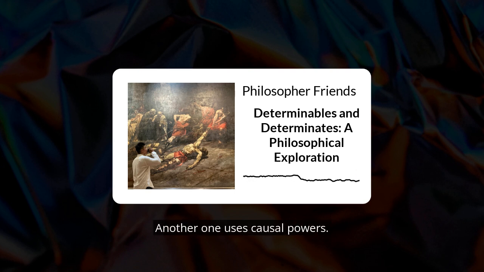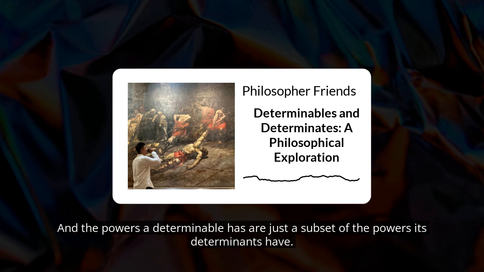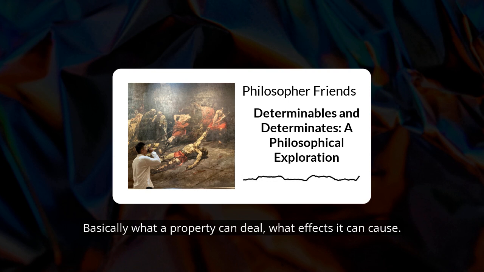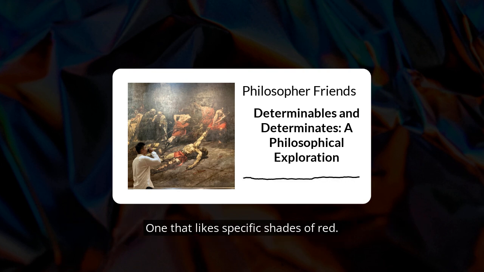What else is there? Another one uses causal powers. The idea here is that determinables and determinants have different sets of causal powers, and the powers a determinable has are just a subset of the powers its determinants have. Okay, quick reminder. Causal powers, what are those again? Basically, what a property can do, what effects it can cause. So, like, being red might make a pigeon peck at something, but being scarlet might make a pickier bird peck, one that likes specific shades of red.